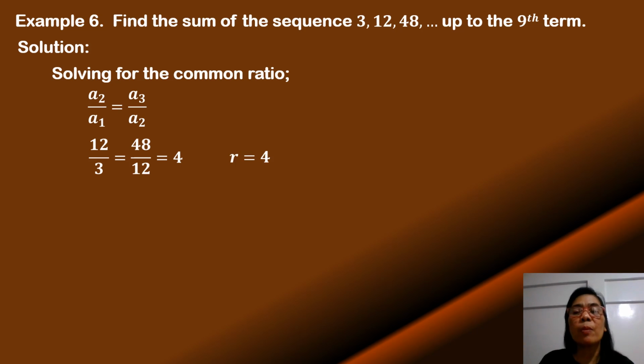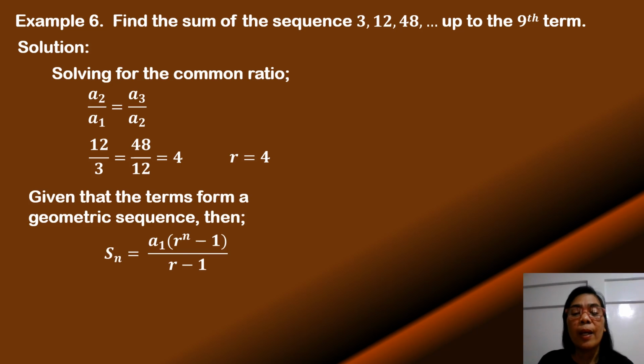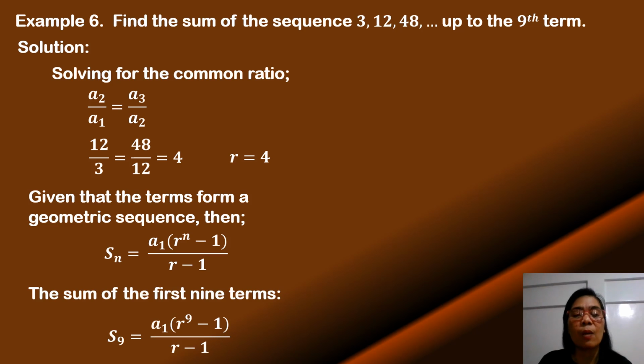To find the sum of the first 9 terms, we use the formula s sub n is equal to a sub 1 times the quantity r raised to n minus 1 all over r minus 1. So for the first 9 terms, s sub 9 is equal to a sub 1 times the quantity r raised to 9 minus 1 all over r minus 1.